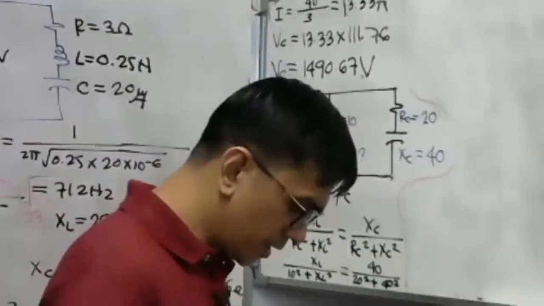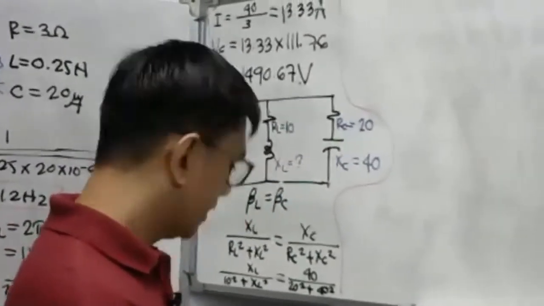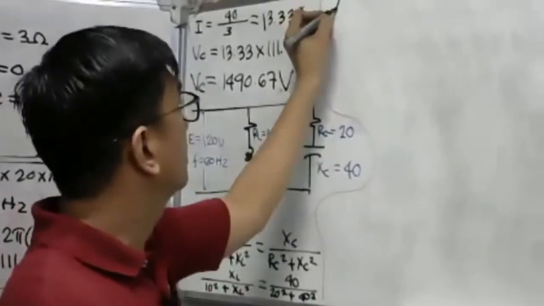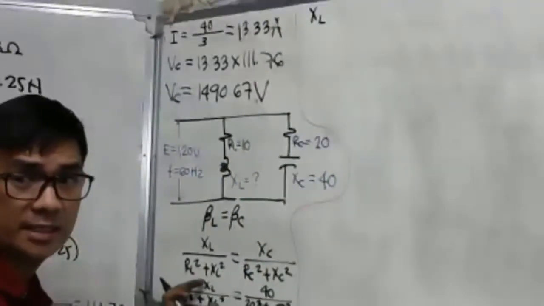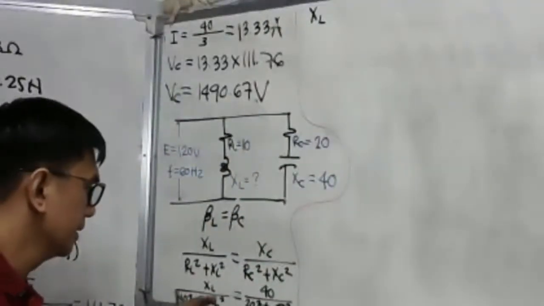So there will be two values of X sub L, because this will become a quadratic equation. You have to use algebra.